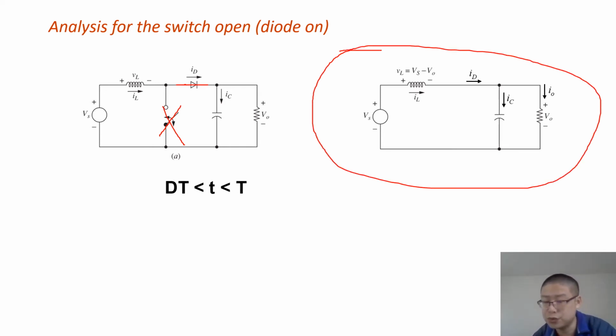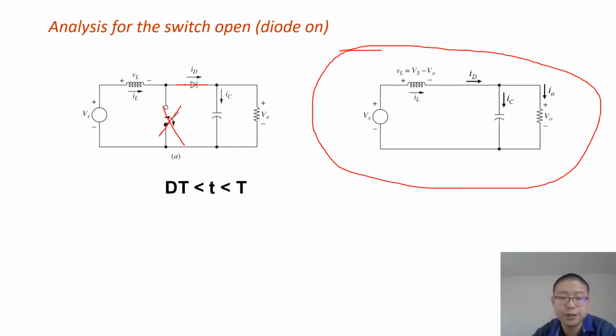And we need to answer question 6 to question 10 based on this equivalent circuit. Actually, question 1 to question 5 are the same as question 6 to question 10, but the equivalent circuit is different, so their answers are different.